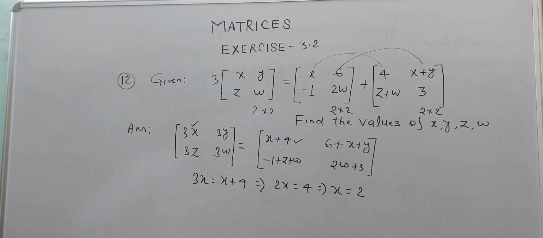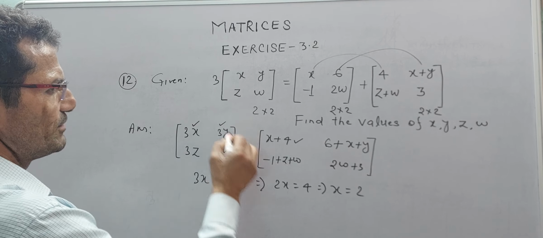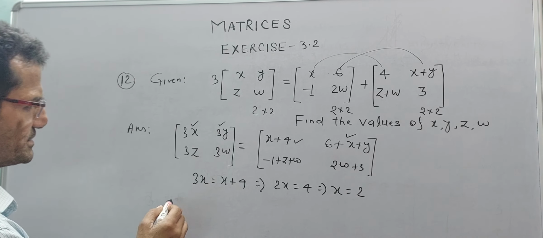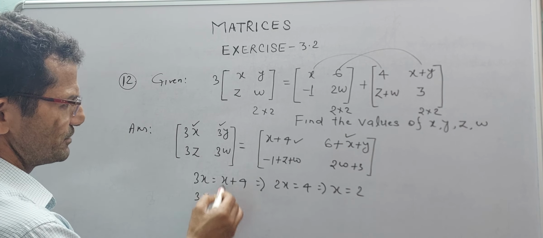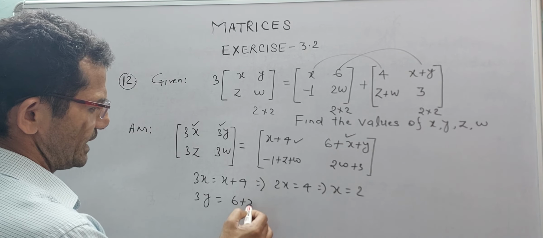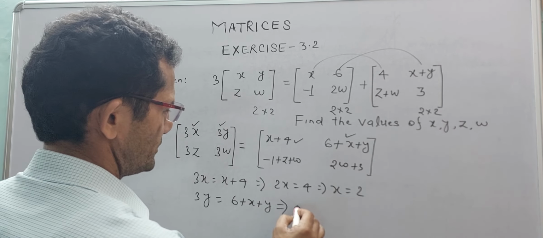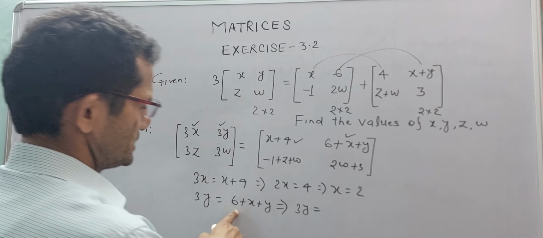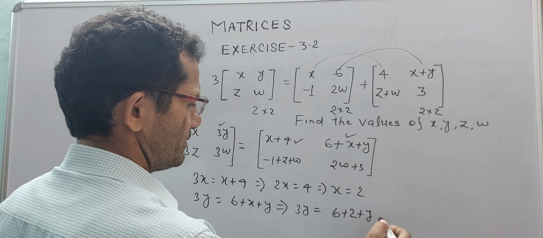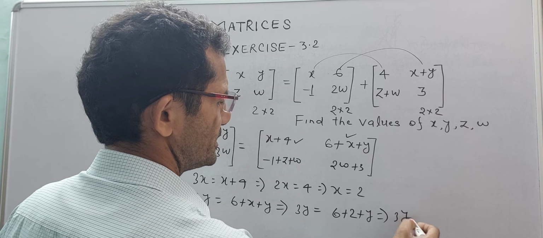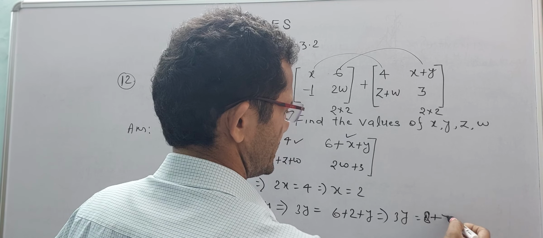Now 3y is equal to 6 plus x plus y. Put the value of x: 3y is equal to 6 plus 2 plus y, which is 8 plus y.